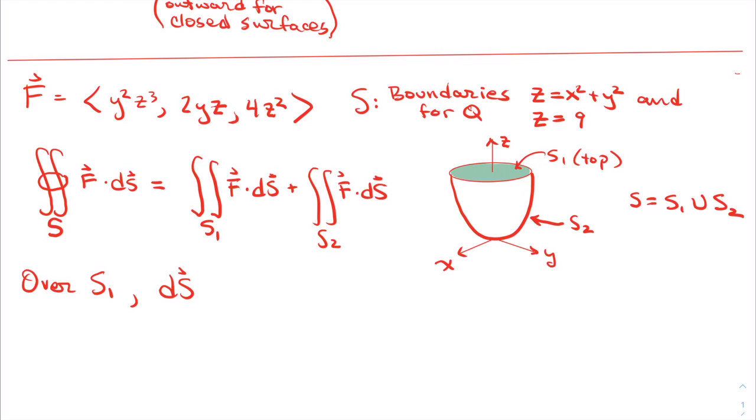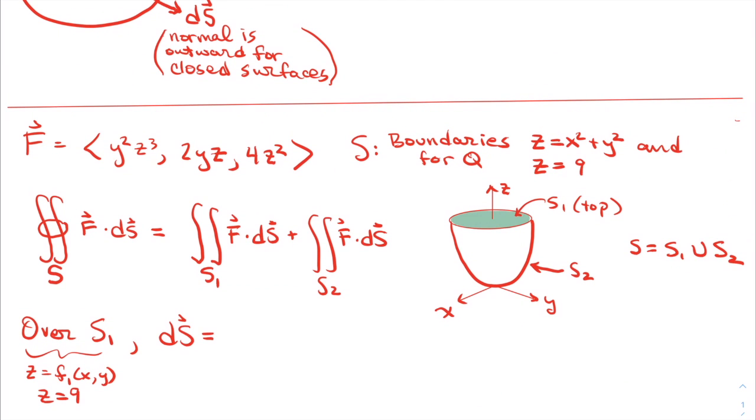And I should say on S1, z is a function of x and y, I'll say f1 of x, y. Z is just 9. So dS, you may remember, has got to have an upward normal on this because the normal has to point outward, and on top, outward is upward.